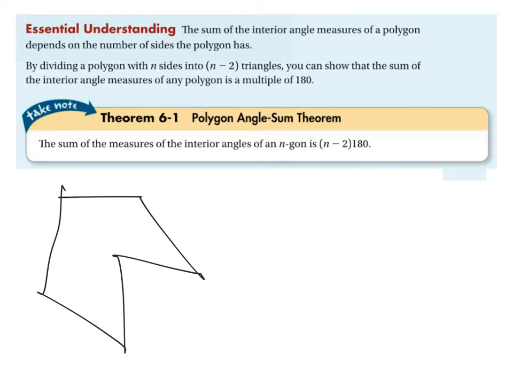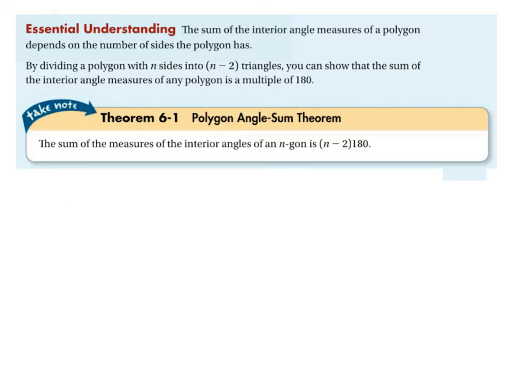But one of the big ideas with the polygons here is that we're going to be able to go from the vertices. I'm going to make convex ones just for the simplicity of it. And let's say you have a hexagon. Okay, 6 sides.